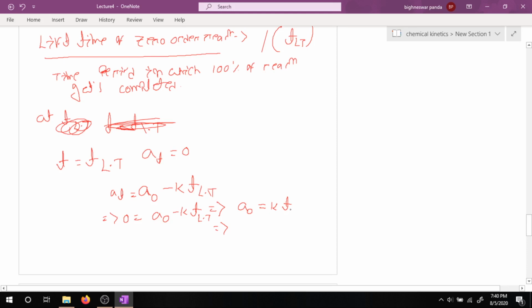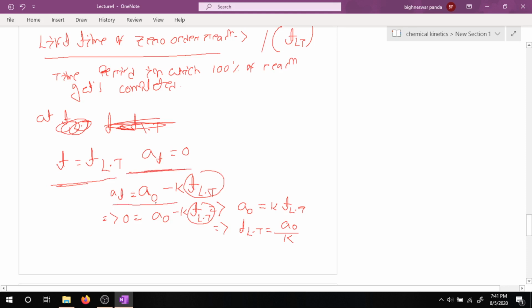So TLT is equal to A naught by K. When t is equal to TLT, At is equal to 0 in the equation At is equal to A naught minus KTLT.